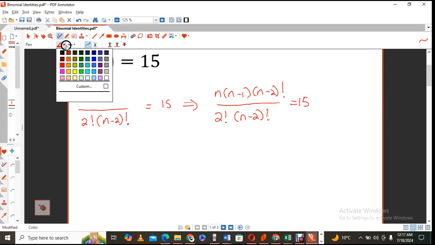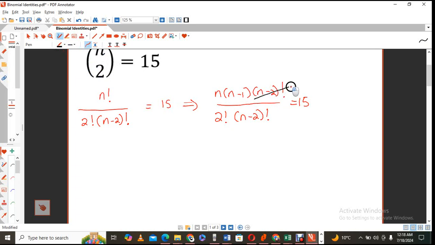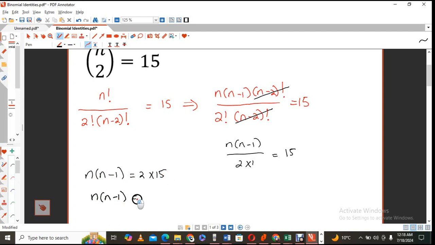We can cancel out common factors. So what I'm left with is n times n minus 1 all over 2 times 1. That is what 2 factorial means, and that is equal to 15. So I have n times n minus 1 is equal to 2 times 15 if you cross multiply, or clear the denominator.